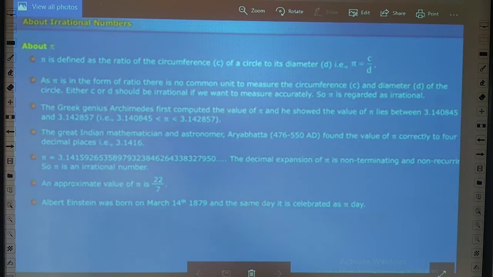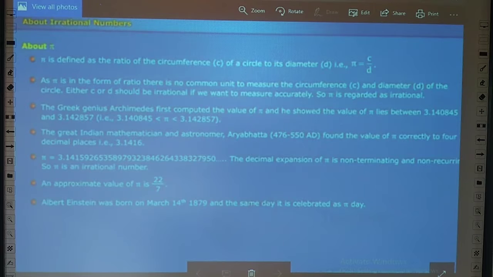The Greek genius Archimedes first computed the value of pi, and he showed the value of pi lies between 3.140845 and 3.142857. The great Indian mathematician and astronomer Aryabhatta found the value of pi correctly to 4 decimal places, that is 3.1416.